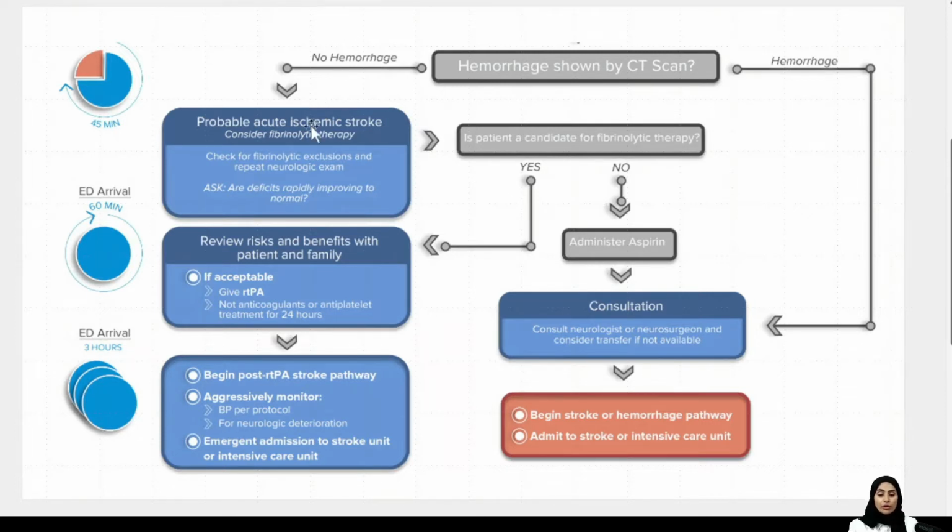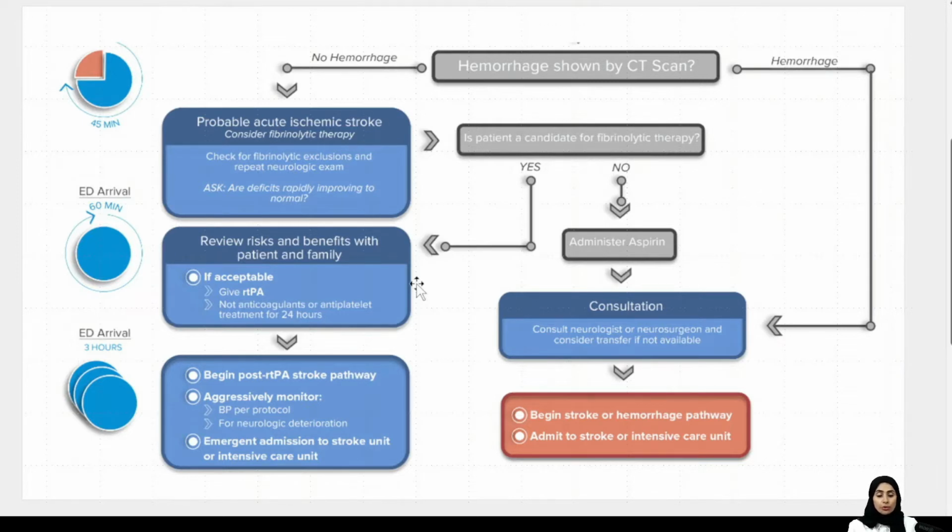After that, review risk and benefit with the patient and family regarding fibrinolytic therapy. If acceptable, give IV tPA, and be sure no antiplatelets or anticoagulation are given after IV tPA in the first 24 hours.